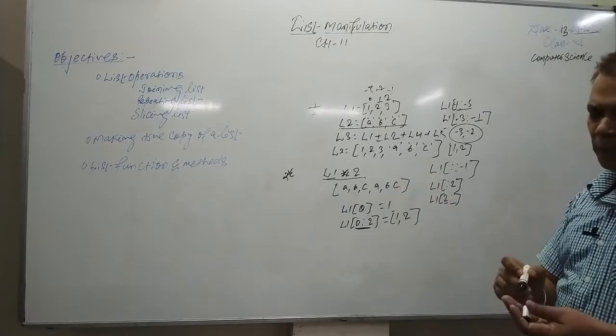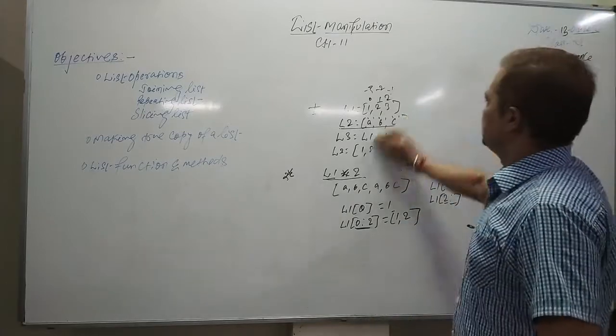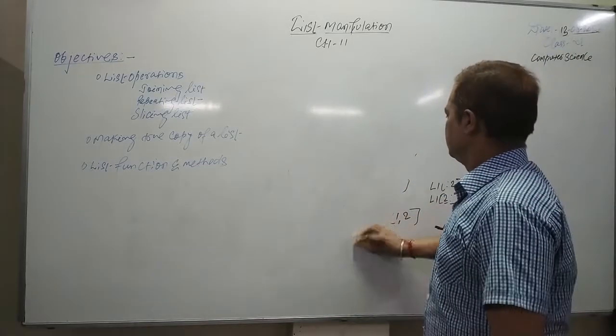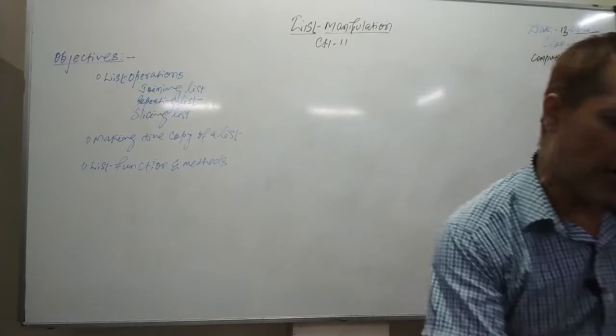Now, making a true copy of a list. True copy means a list you have already.